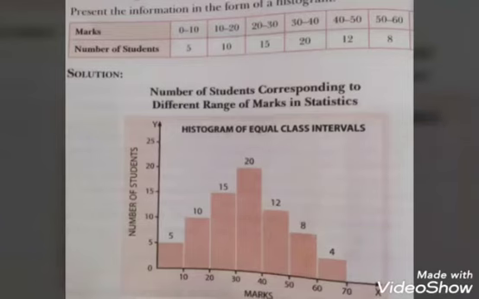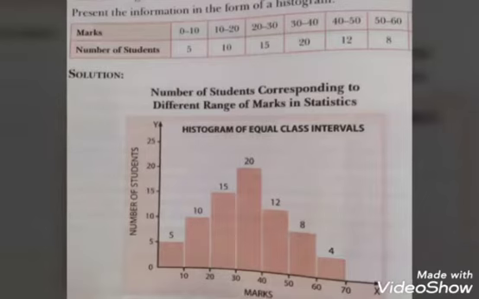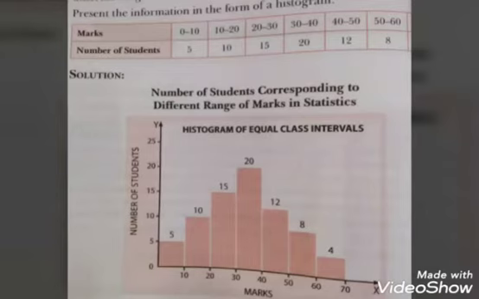On the x-axis we have taken the marks, and on the y-axis the number of students. Between marks 0 to 10, there are 5 students in the class who have secured these marks. And for 10 to 20, we have around 10 students.